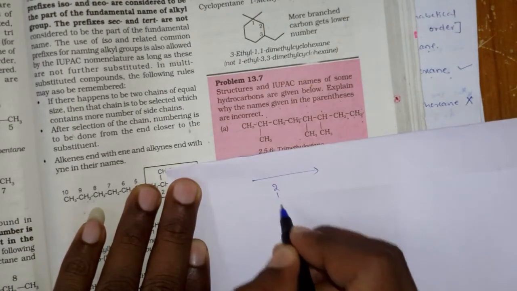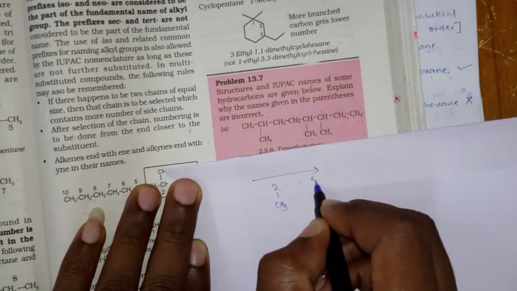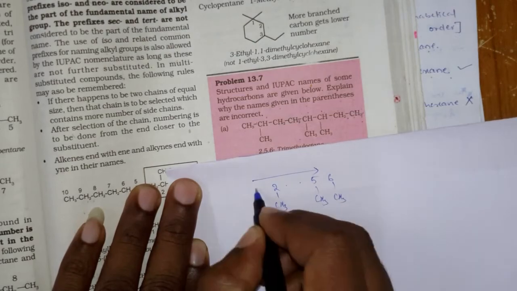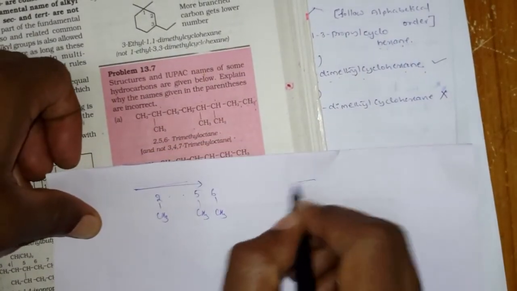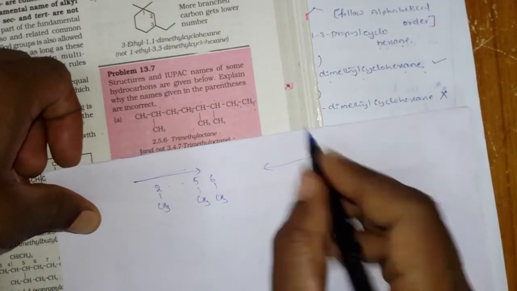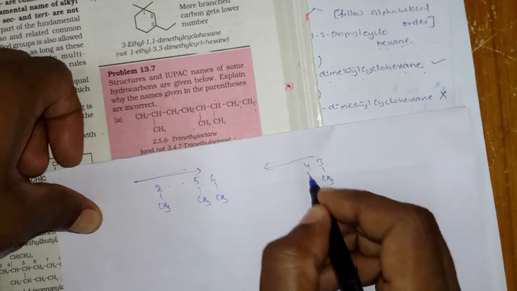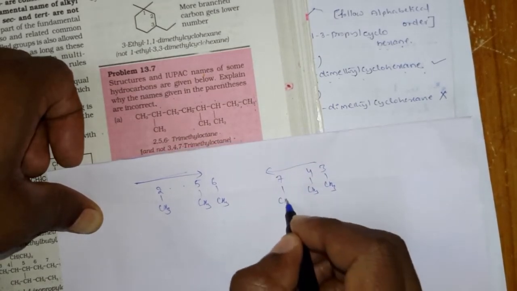At the second position a methyl group is there, in the fifth position one more methyl group is there, and at the sixth position one more methyl group is there. This is from left to right. If you do the same thing from right to left, you get 1, 2, 3. So third position one methyl, fourth position one methyl, and 7th position one methyl.